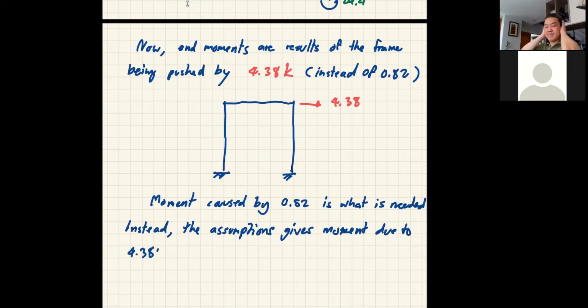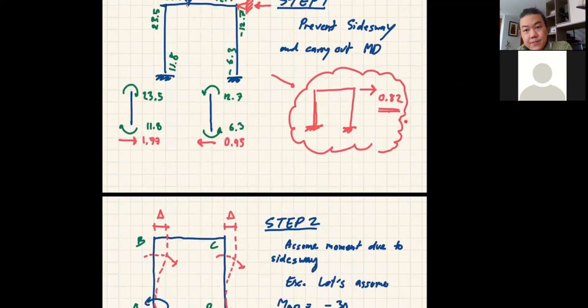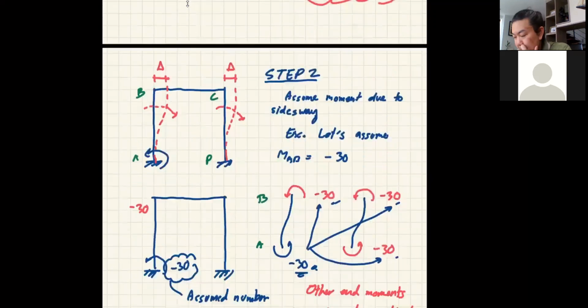So what do we do? Luckily, we are in the elastic world, so the moment caused by the load is proportionate. That means we can use the linear relationship to turn the moment caused by 4.38 here into the moment caused by 0.82 by simply using the linear relationship. Okay?